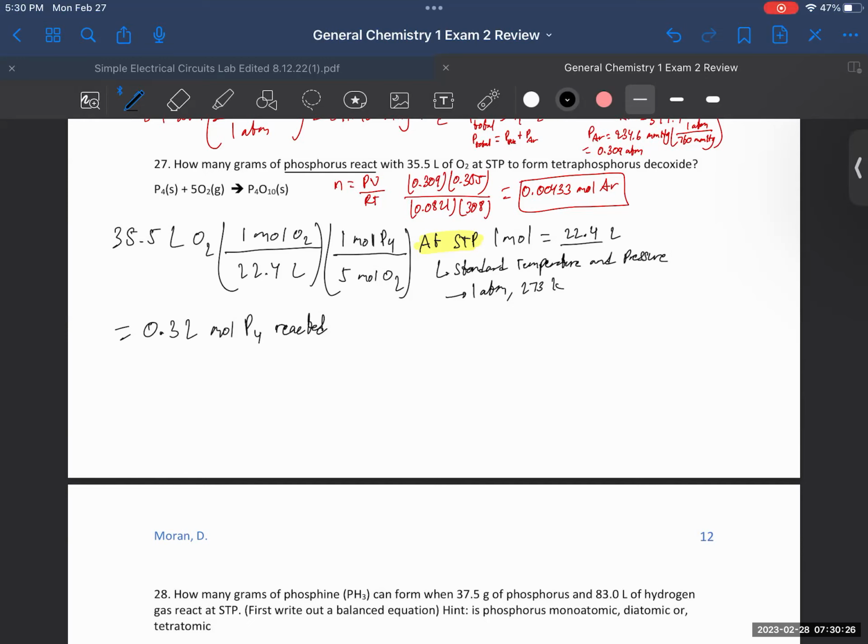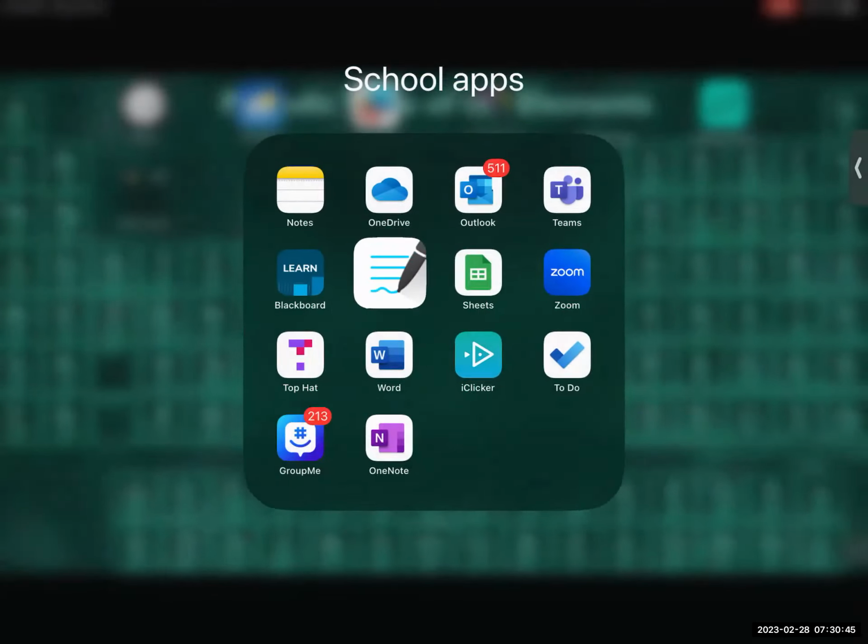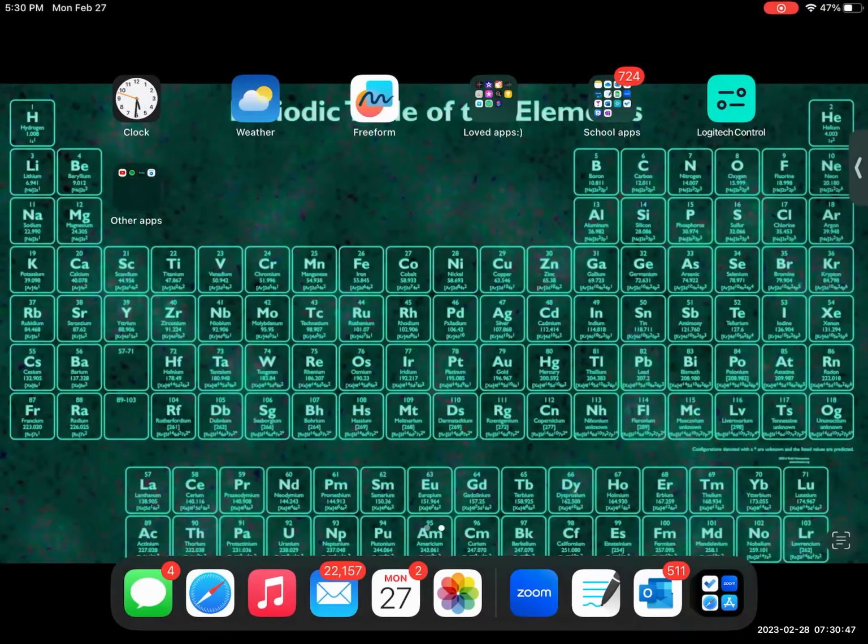Yeah, because it was the stuff that was used, because you converted your oxygen, which you assume to be limiting, to your P4. So 0.32 moles of P4 reacted. From there, I'm going to convert to grams. So 1 mole is, let's see, 30.974.